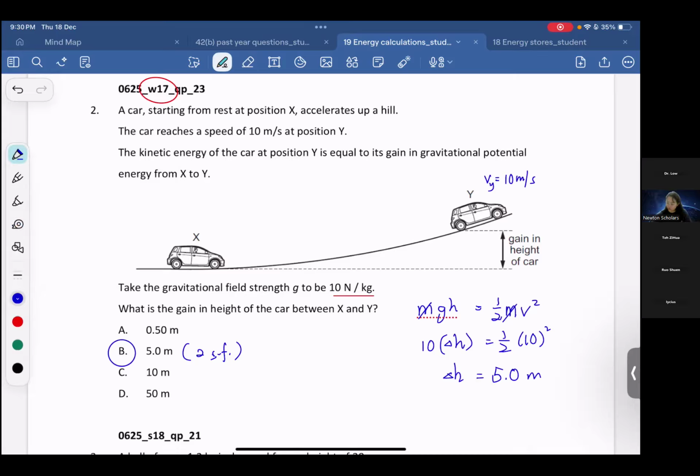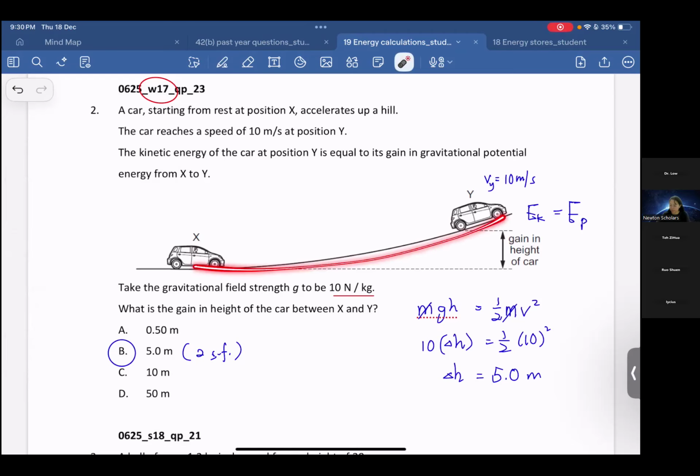Okay, Crystal, B, correct. So dear, what does it say? The kinetic energy at position Y is equal to the gain in GPE from X to Y. So that means it is the same as the GPE. From X to Y, again, the GPE is equal to the kinetic energy.